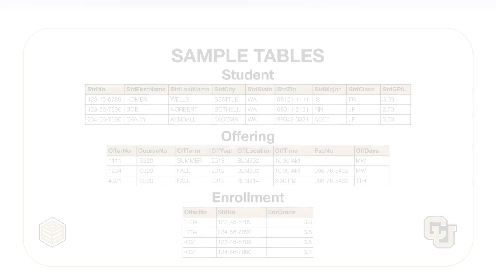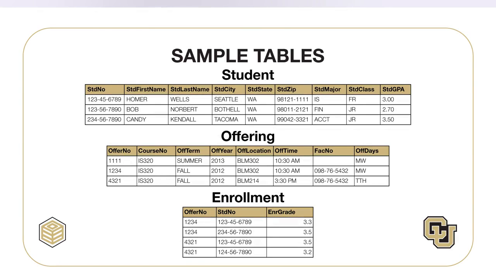It is not enough to understand each table individually. To understand a relational database, connections or relationships among tables must also be understood. The rows in a table are usually related to rows in other tables. Matching or identical values indicate relationships between tables. So consider the sample enrollment table in which each row represents a student enrolled in an offering of a course.